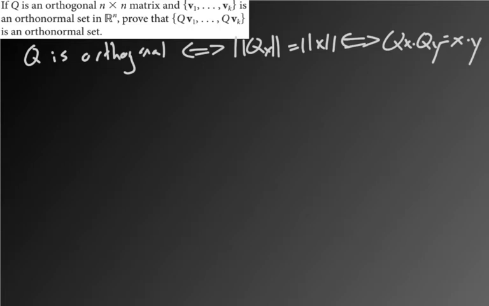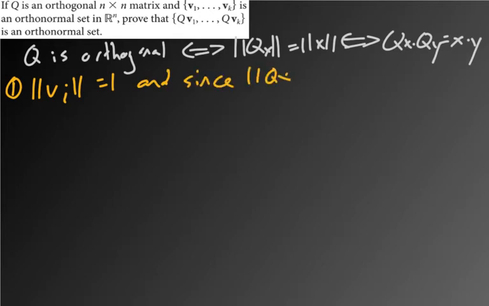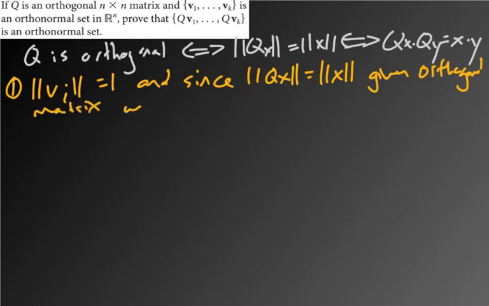We know that the magnitude of any of these vectors, v sub i, is equal to 1, and since the magnitude of Q times any vector x equals the magnitude of x, given an orthogonal matrix, we get that the magnitude of Q v sub i equals 1 for all i, right?